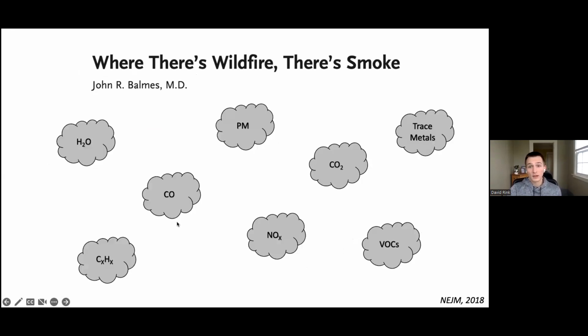But the smoke created from these wildfires contains a number of compounds, many of which are listed here, but this isn't an exhaustive list. And these can dramatically impact those with or without underlying comorbidities. It's also important to recognize that the composition of smoke is highly dependent on the source.